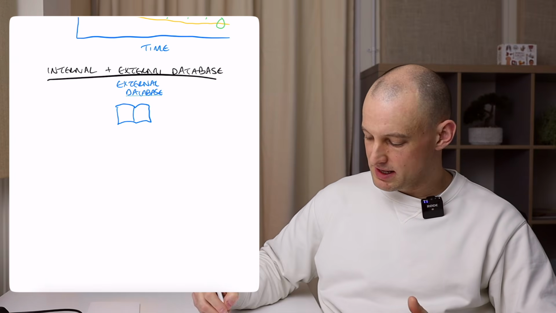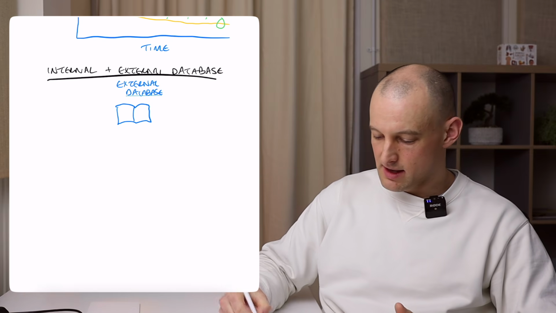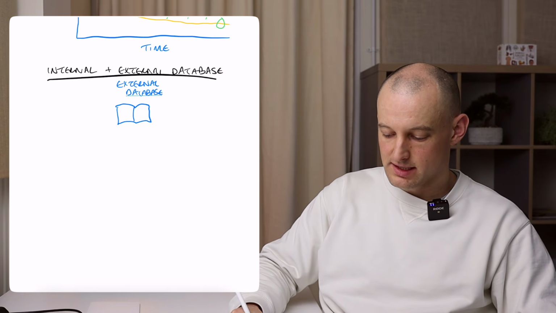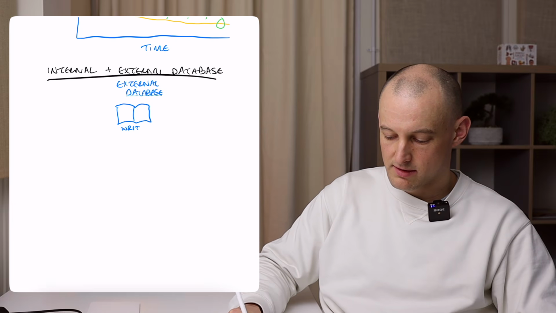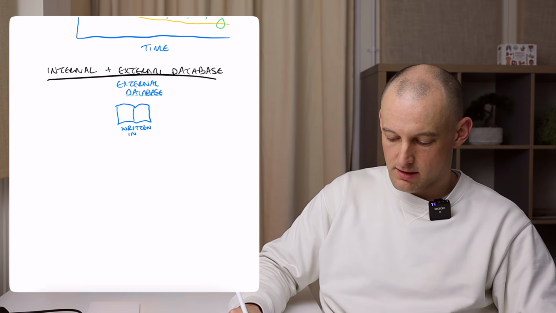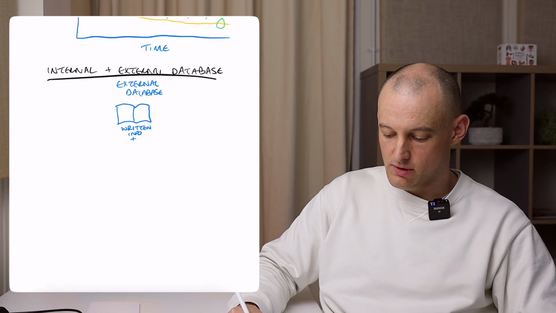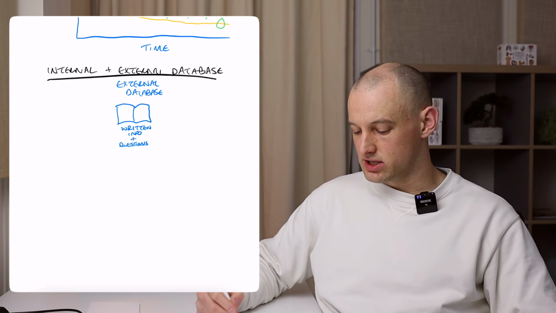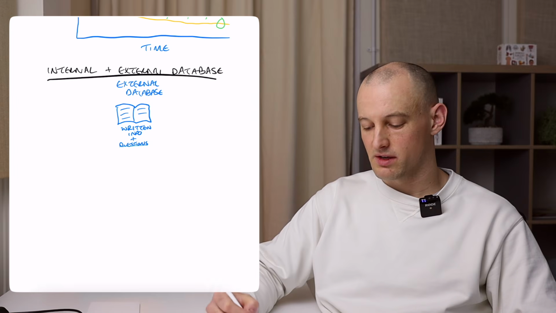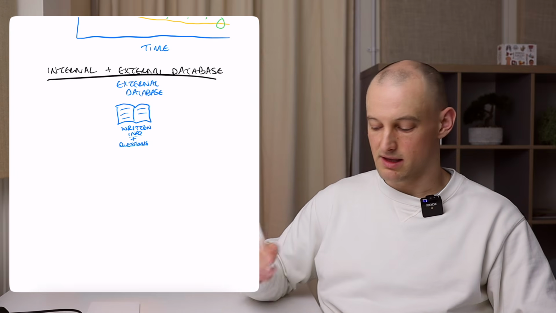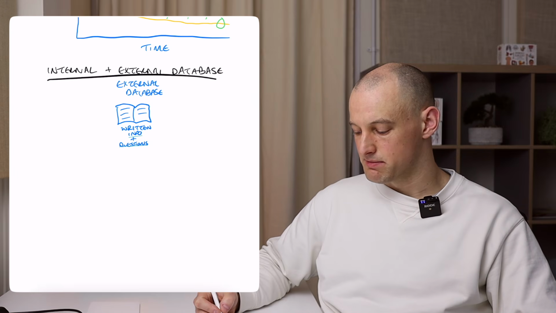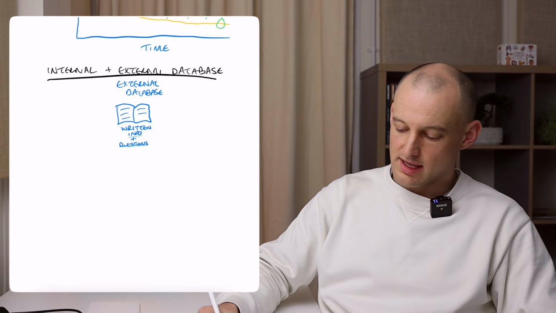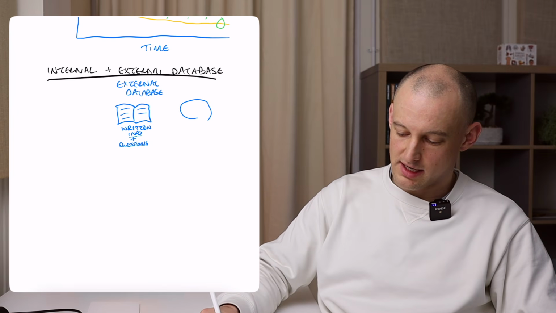So the external database needs to contain both written info and questions. You need a combination of written info and questions in your external database, which you get from the medicine book and the question bank. Then you have your internal database.